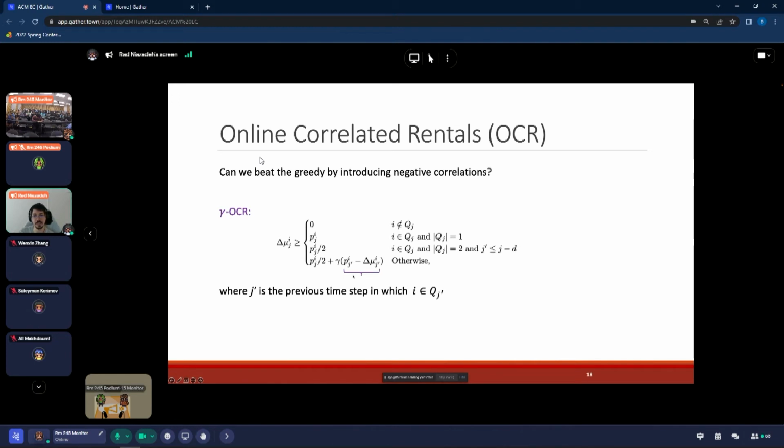And that number, which is Pij prime minus delta mu ij prime, is basically the probability that I was available at the time J prime, but it didn't get matched at that time.